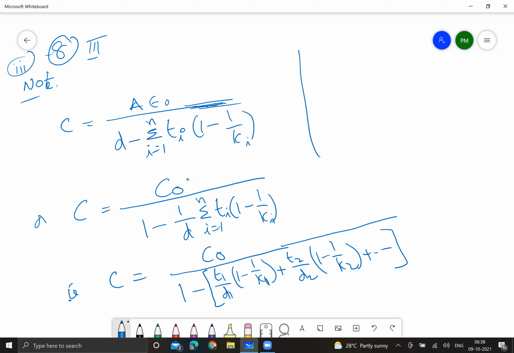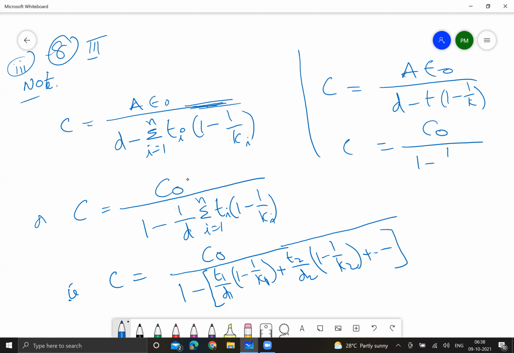Just recollect the formula. When dielectric is partially filling the space, we got the formula A epsilon 0 by D minus T into 1 minus 1 by K, or we also wrote it as C naught by 1 minus T by D into 1 minus 1 by K. This is when dielectric is partially filling the space.